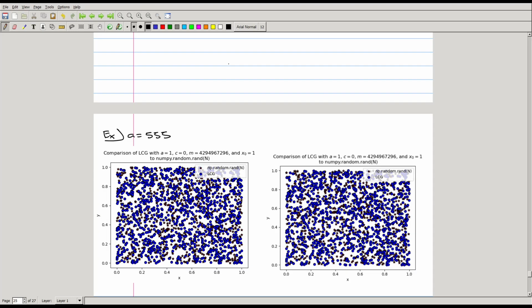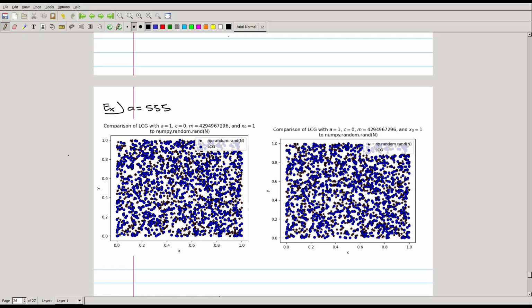And just one final example here for a equals 555, we're seeing that very clearly this is doing a pretty good job. Oops, and I just noticed there must be a typo in my Python code, which I'll fix. In the title here for the plots, this should be 555.